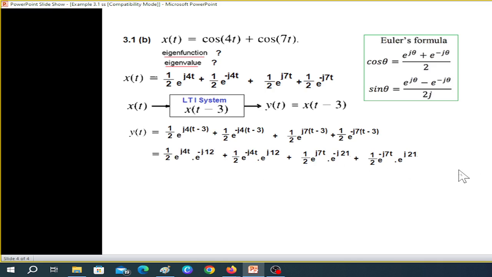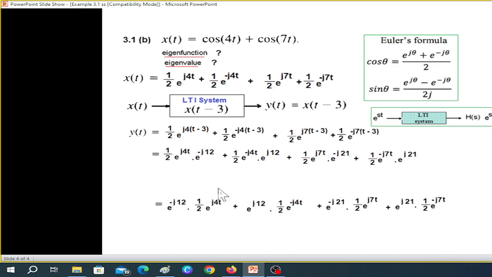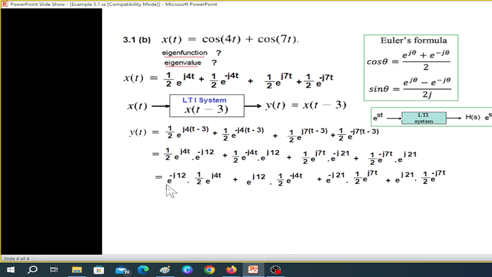And as discussed in the previous slide, we should write the constant first and the variable later on. So this is our variable, so this goes at the end, and this should come first. So this is the constant term, and this is our signal.